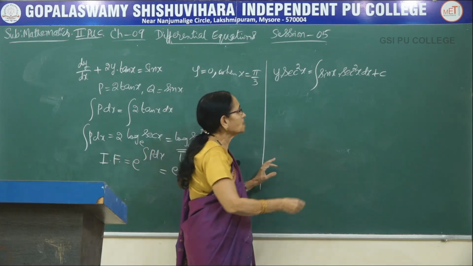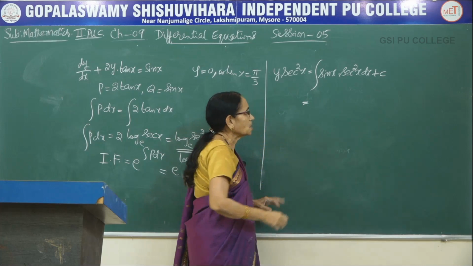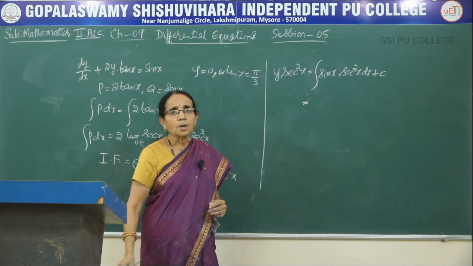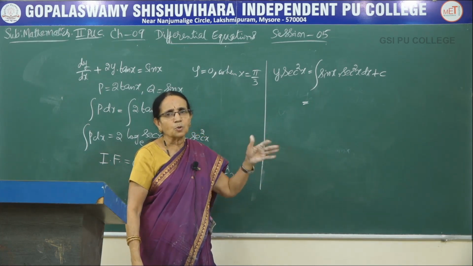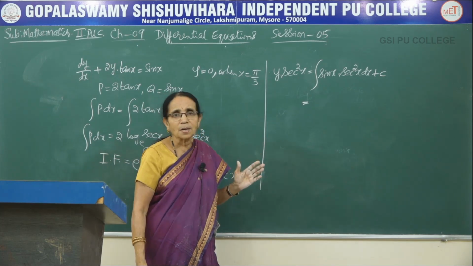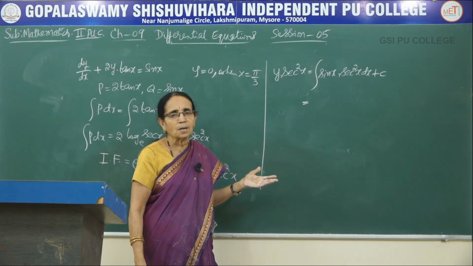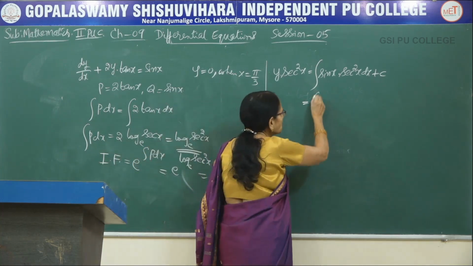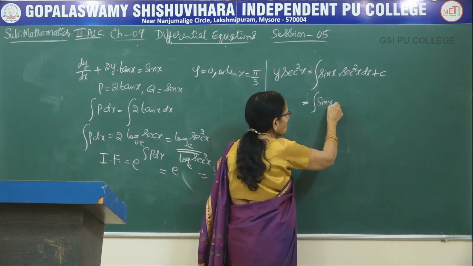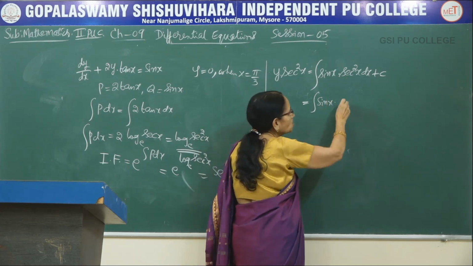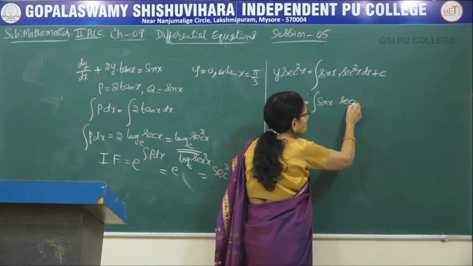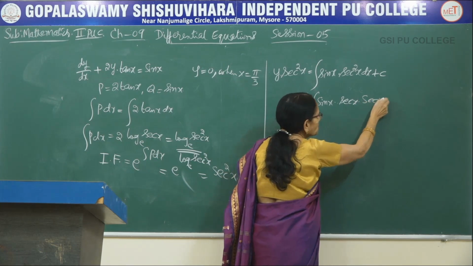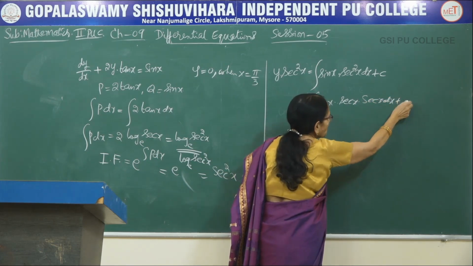Now on the right hand side, as it is, you cannot apply any method like substitution. But let me rearrange the terms of the integral. It comes to one of the standard formulas. Here I keep sin x as it is, and secant square as secant x into secant x. One secant x I write here, another secant x I write separately.